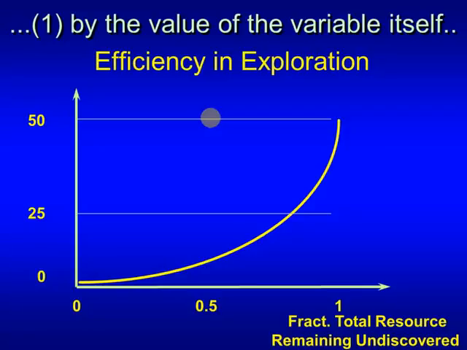So in other words, the reaction to a change in the fraction of the total resource remaining undiscovered depends on what is the current fraction of the total resource remaining undiscovered. In other words, this variable comes in in two ways.